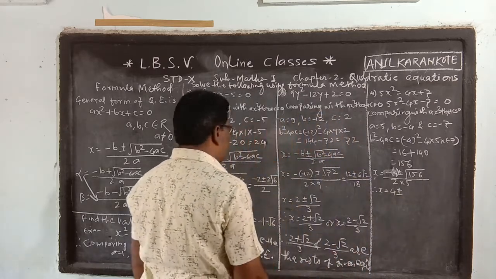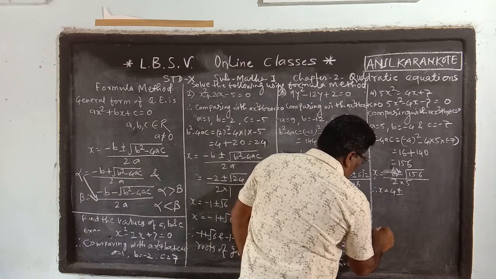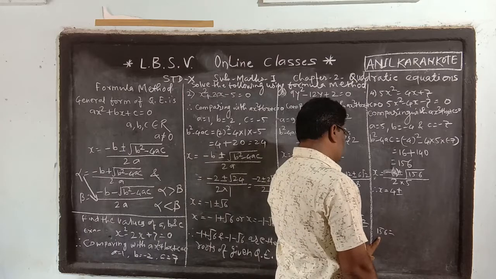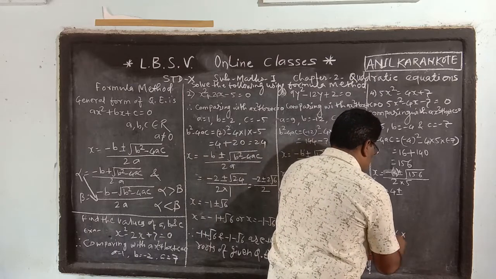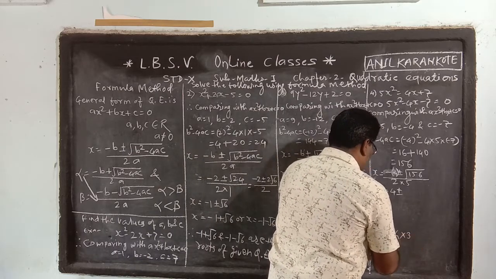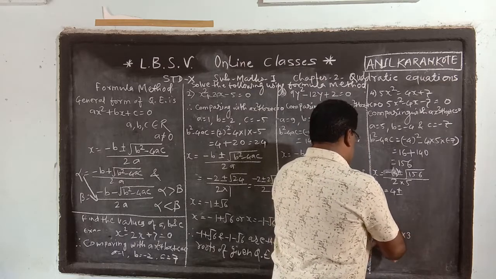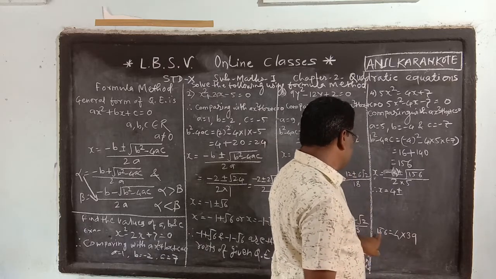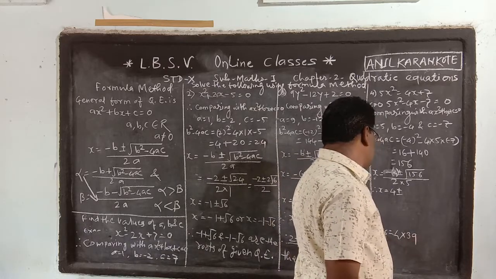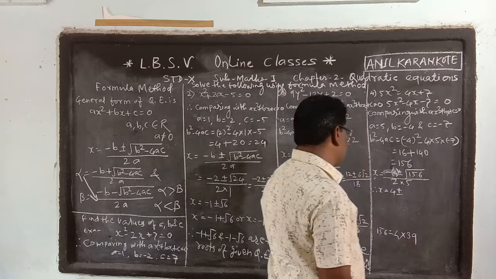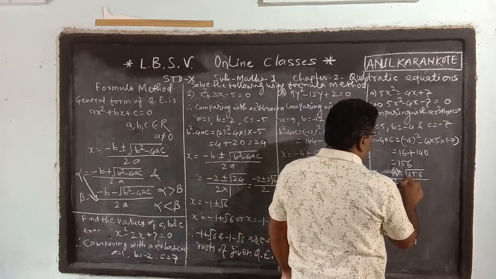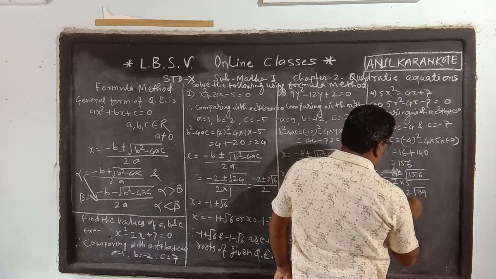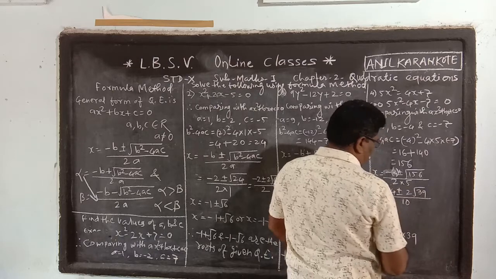Find the factors of 156. 156 is divisible by 4, 4 3s are 12, 4 9s are 36. Therefore square root of 156 is equal to 2 under root 39, upon 2 5s are 10.